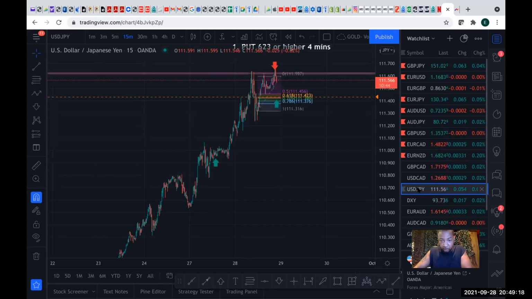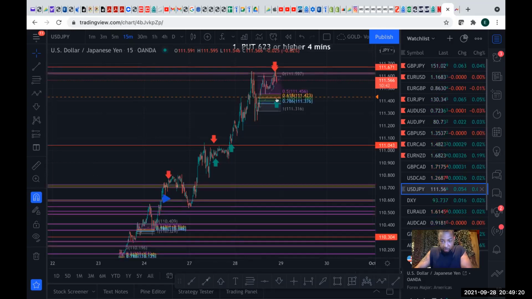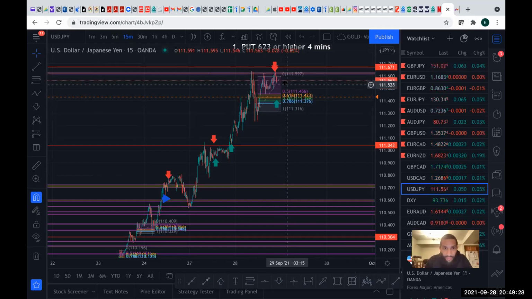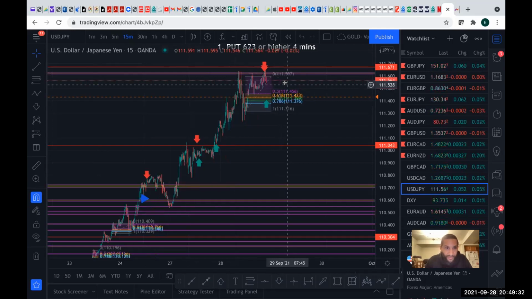Yeah, I was waiting on UJ to drop. It never came back down to my 618 zone. But now it's still almost the same height. You like it at 530? 530 and below, or like 526, maybe in that area, 530 to 520s.